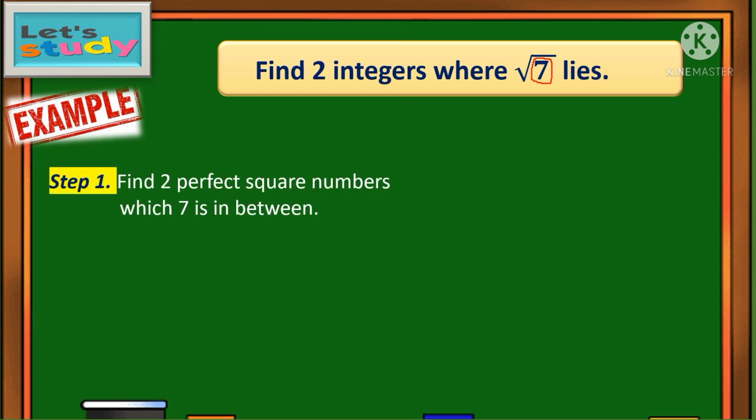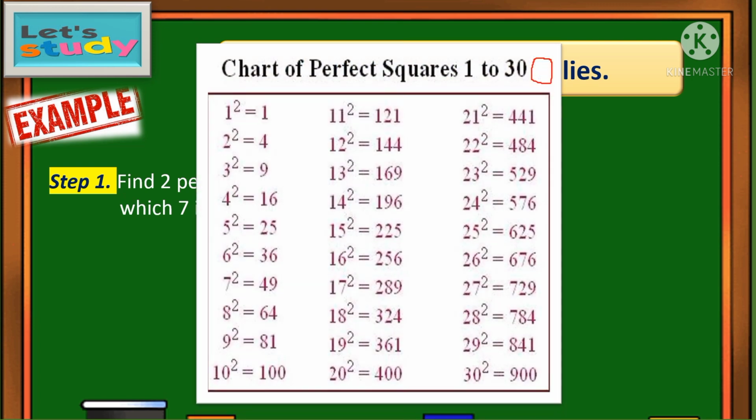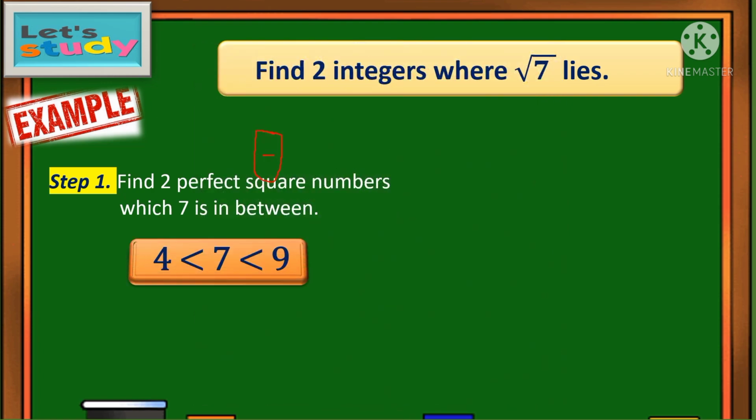First step is to find two perfect square numbers which 7 is in between. So, hanapin natin sa chart natin si 7. Si 7 dito ay nasa gitna ni 4 and 9. So, therefore, nandito siya banda.